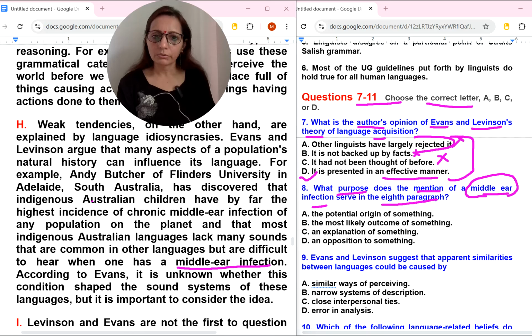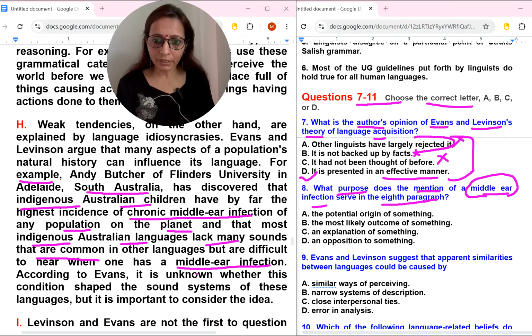So from where we will read. For example, South Australia has discovered that indigenous Australian children have by far the highest incidence of chronic middle ear infection of any population of the planet, and that most indigenous Australian languages lack many sounds that are common in other languages but are difficult to hear.